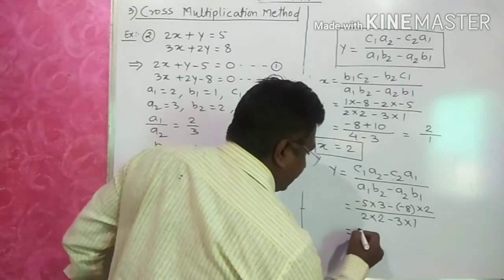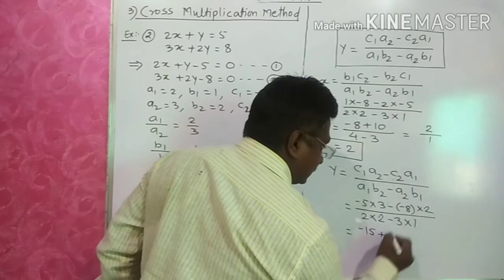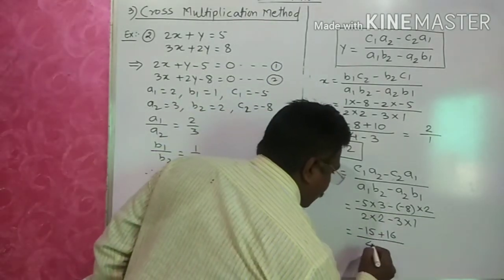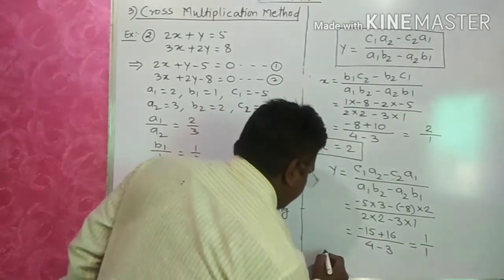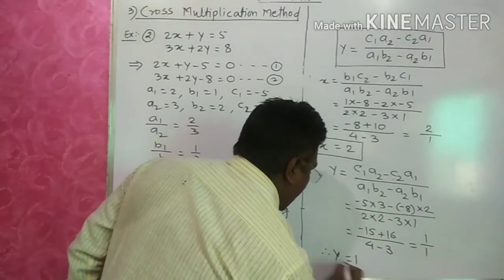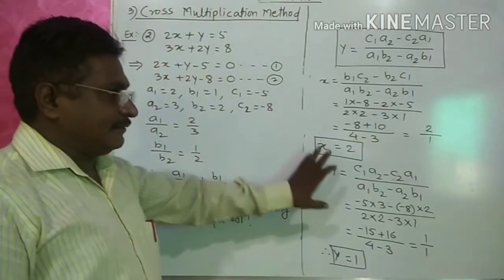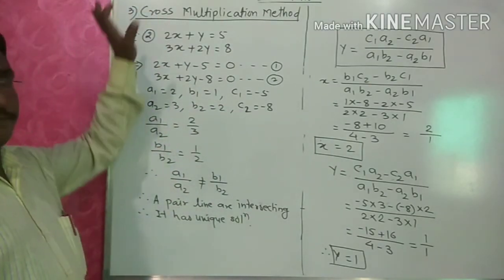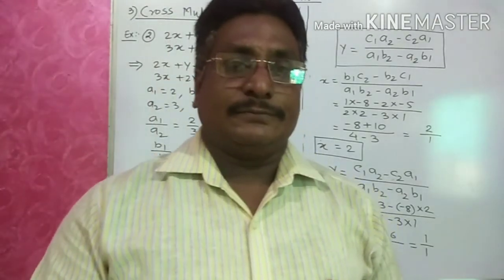So what will we get? Minus 15 plus 16 by 4 minus 3. So 1 by 1. Therefore y equals 1. So we got the values of x and y. In this way we have to solve, using the cross multiplication method.